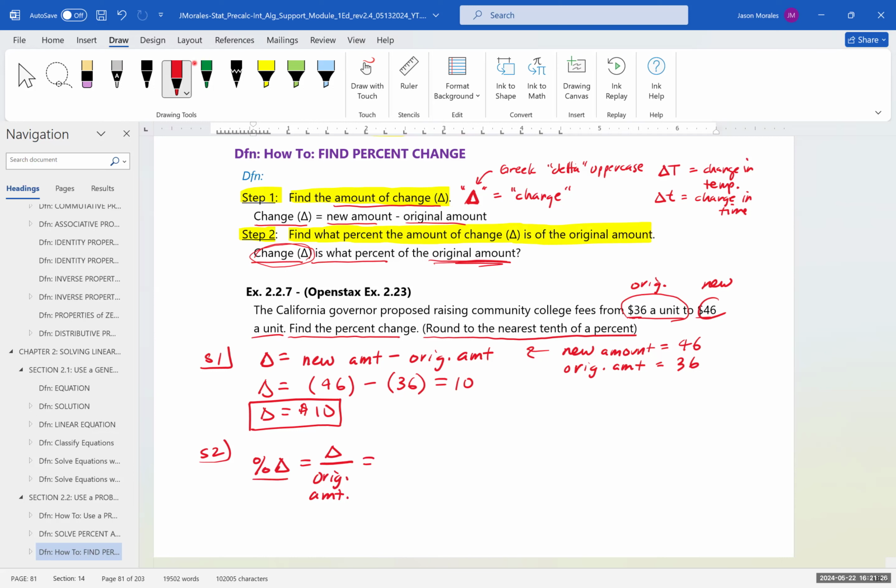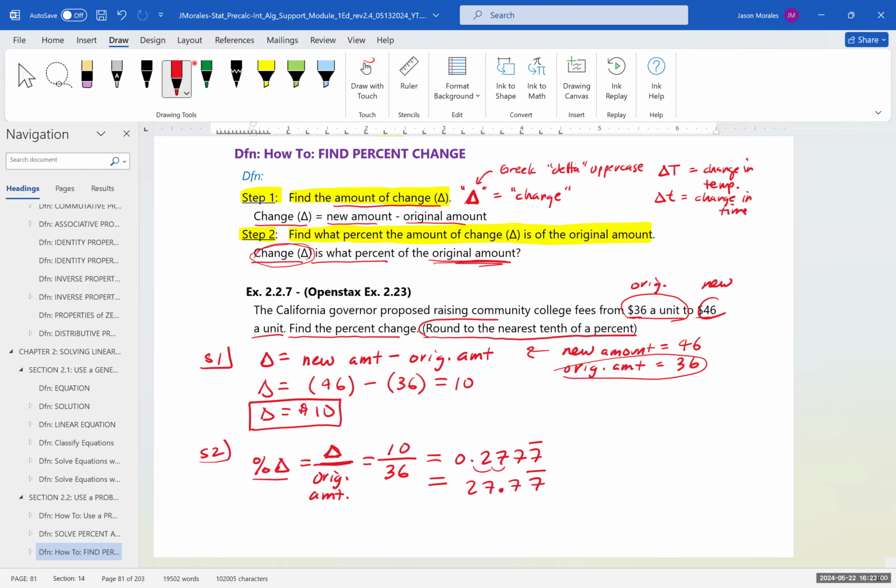The change we just calculated to be 10, and the original amount was 36. So when we take 10 and divide it by 36, we get 0.2777 repeating. And if we convert that to a percentage, we need to move the decimal place over 2. So we get 27.77 repeating.